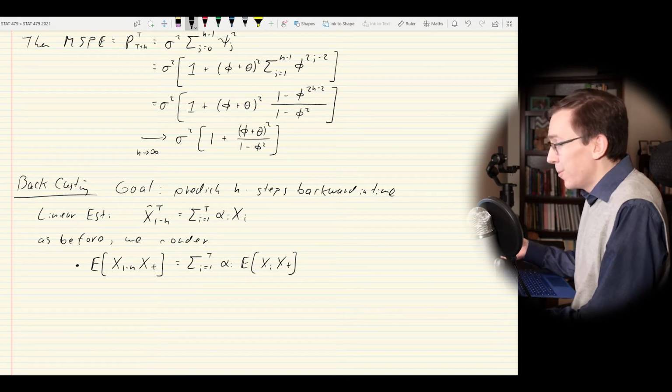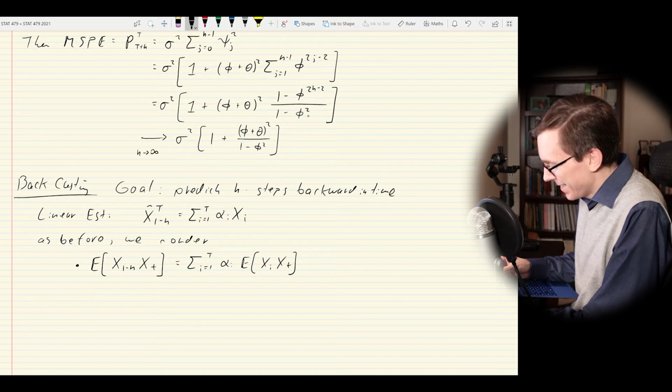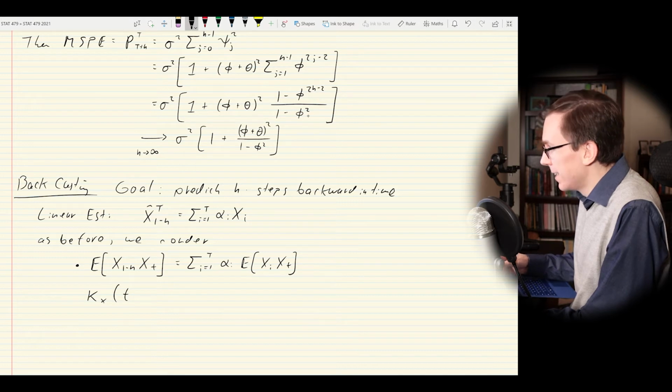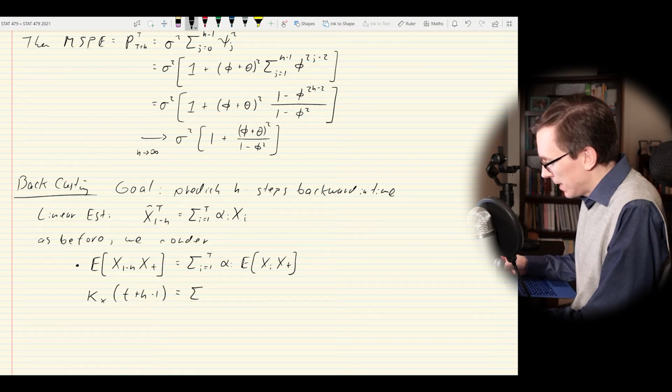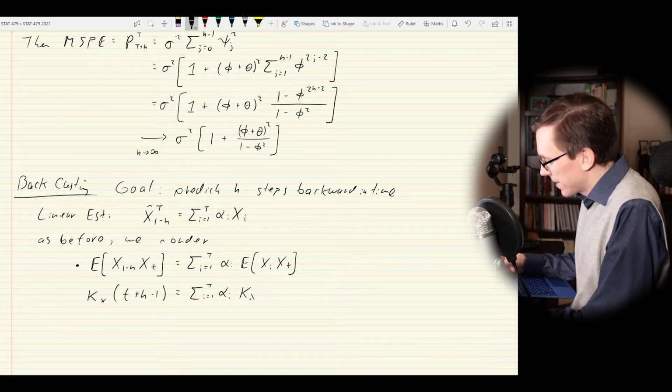All right, great. Well, that's just a bunch of autocovariances like it always is. This is going to be the autocovariance of T plus h minus 1. And this, on the other hand, is going to be a linear combination, alpha i, of autocovariances of T minus i.